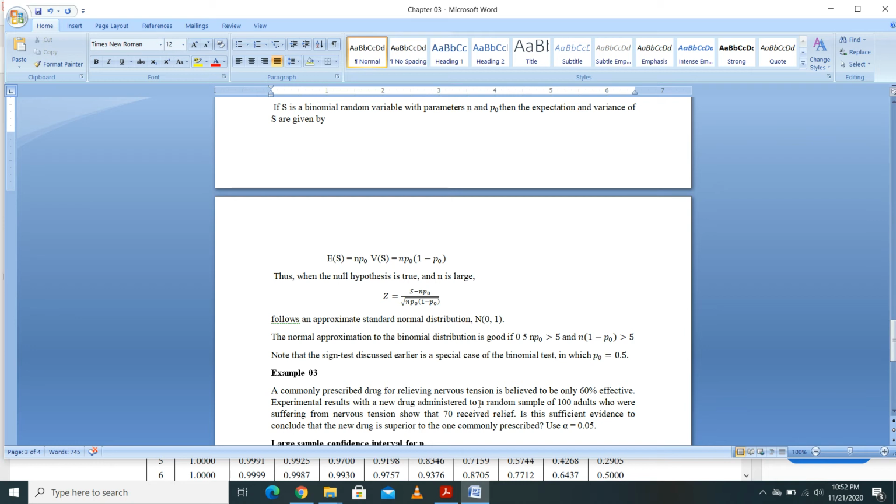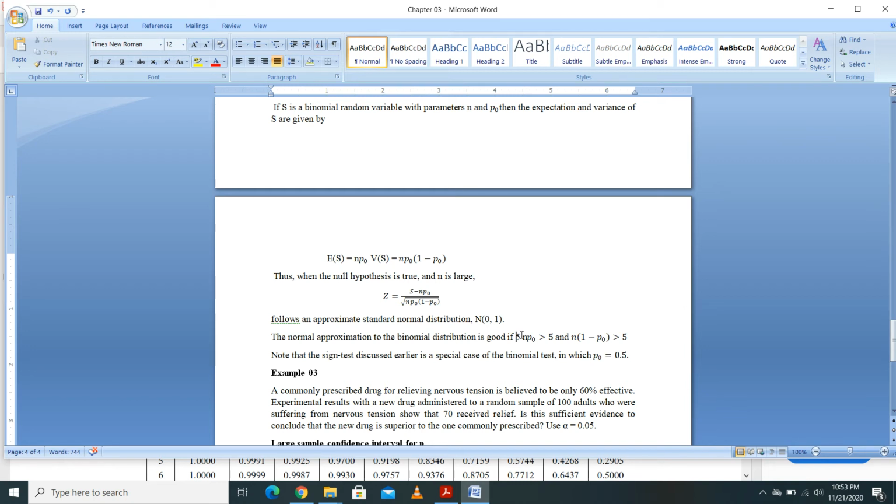So when are you going to apply the large sample approximation? Under two conditions you can apply the large sample approximation.